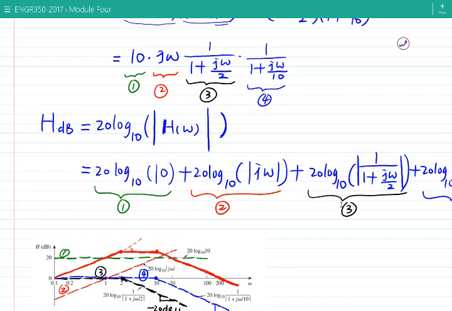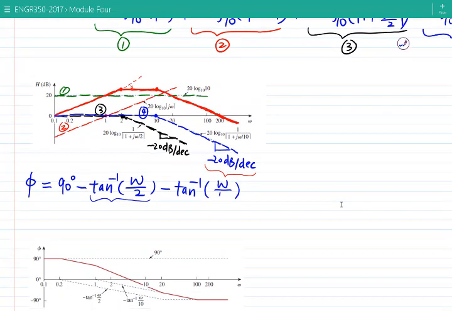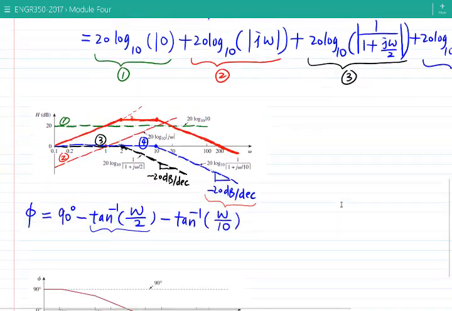Here y is omega over 10 and x is equal to 1, so the phase angle of the denominator is inverse tangent of omega over 10. We add the minus sign, and that is the phase angle of factor number 4.